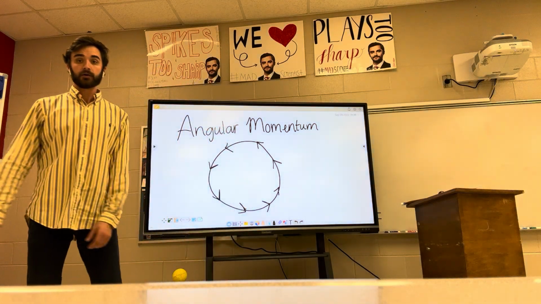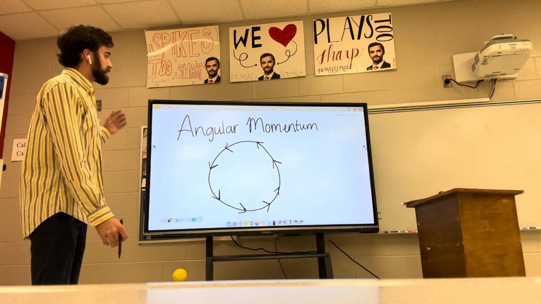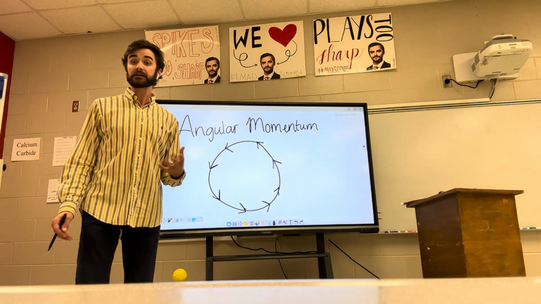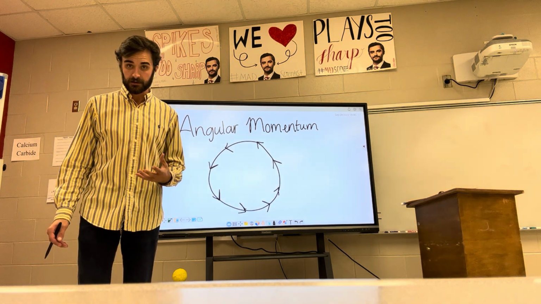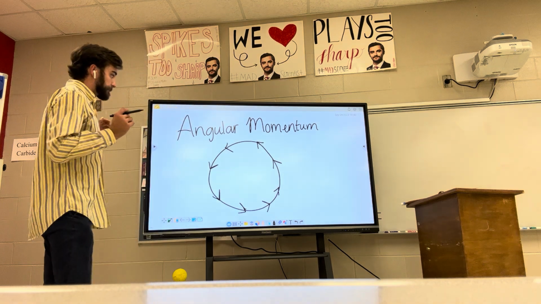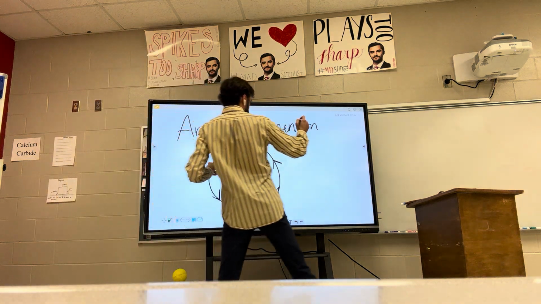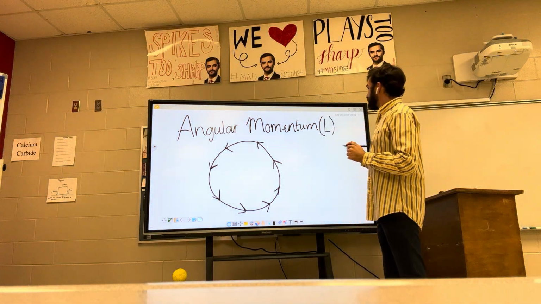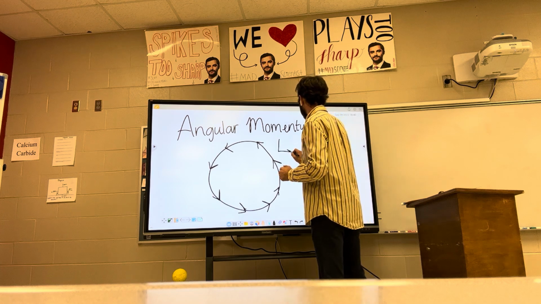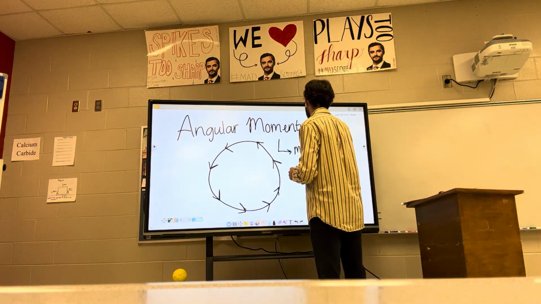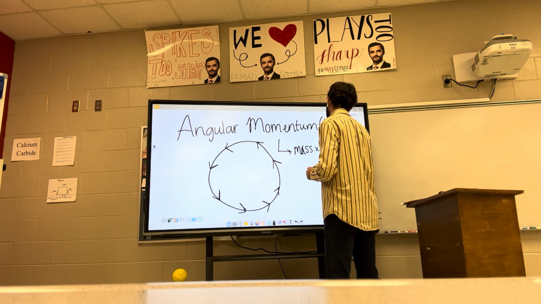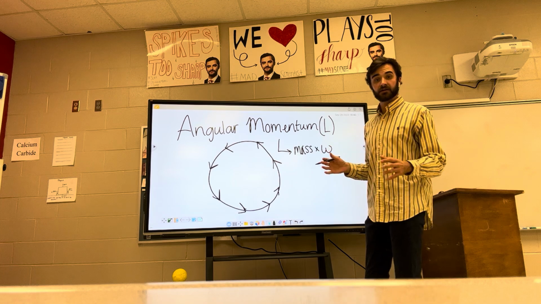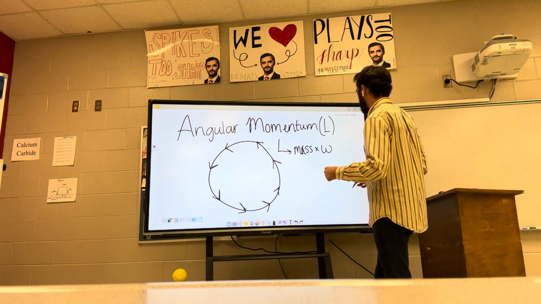So we have a formula with it, but what we need to understand with angular momentum is that it behaves very similarly to linear momentum in that it is conserved, and it can be transferred as well, okay? Our angular momentum is represented by a capital L, and its formula is the mass times its angular velocity, and I'll make sure to put the angular velocity formula up here too, so we can remind ourselves what that is.